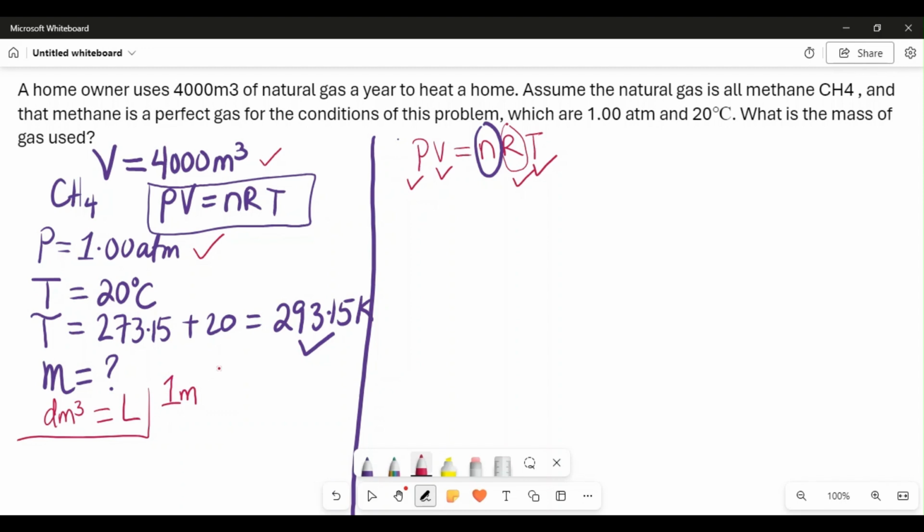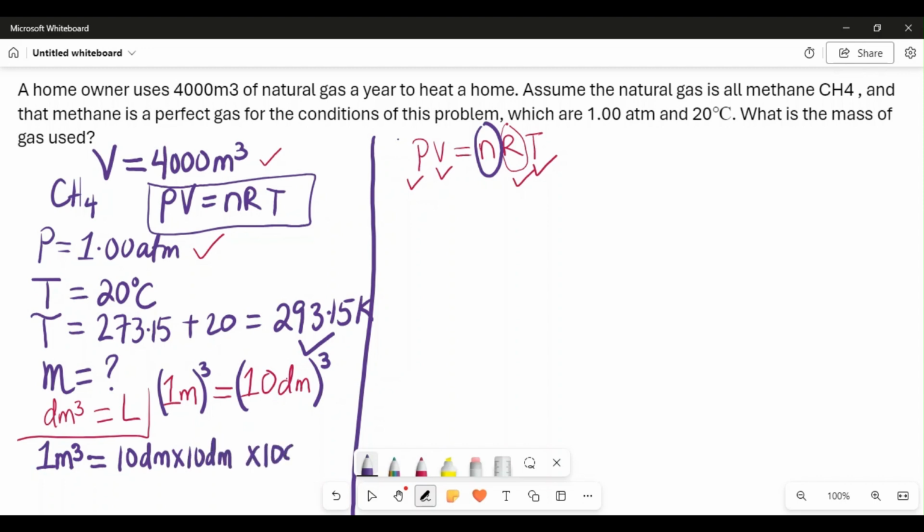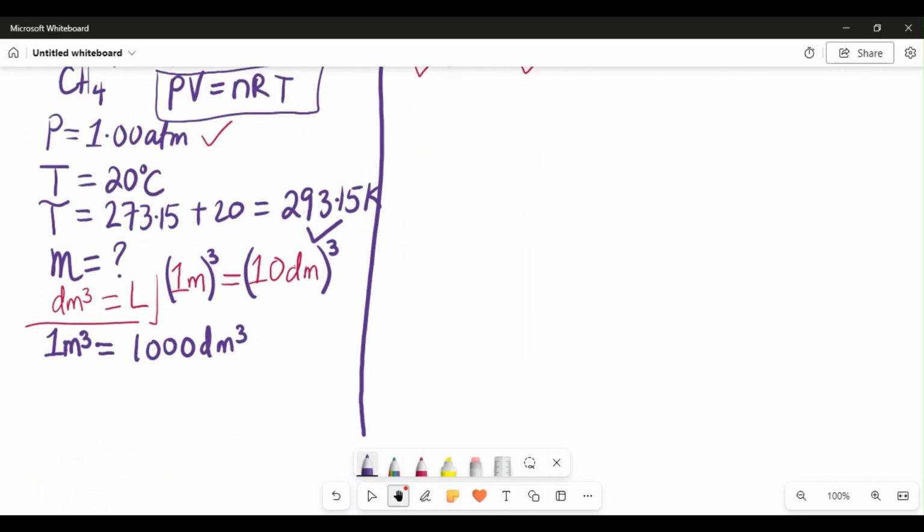So I'm trying to compare 1 meter cubed to 1 decimeter cubed. First, remember that 1 meter equals 10 decimeters. Hence, when we cube 1 meter and cube 10 decimeters, 1 meter cubed is the same thing as 10 decimeter times 10 decimeter times 10 decimeter. So 1 meter cubed is the same thing as 1,000 decimeter cubed.